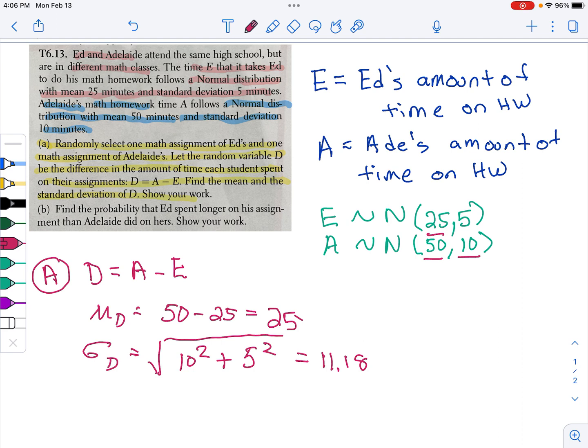And for the mean and standard deviation, it is good to include the units. So it's 11.18 minutes for the standard deviation for the difference.